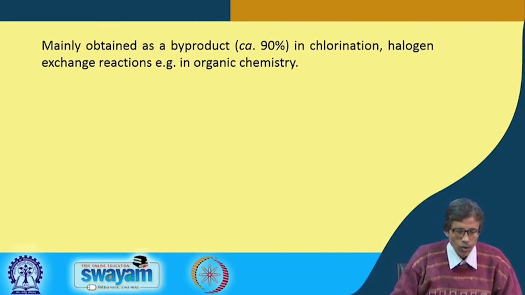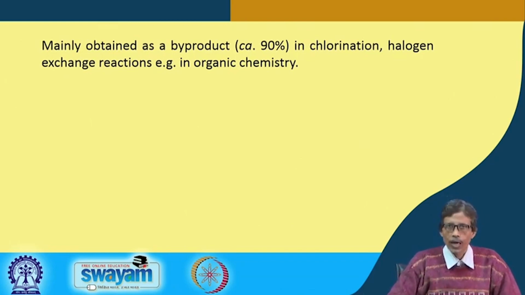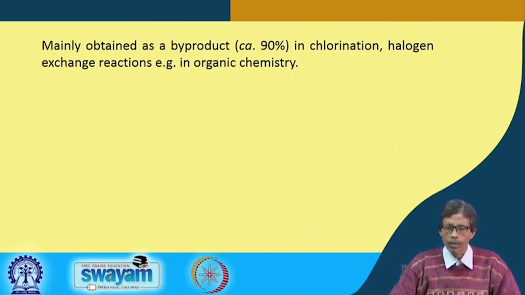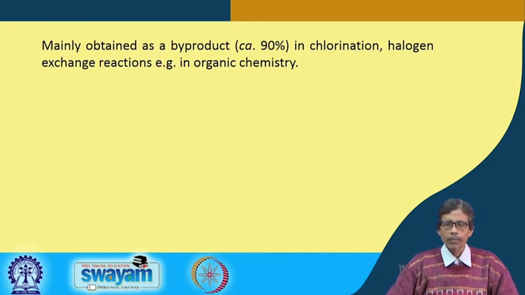So sometimes it is also obtained as a byproduct. If we consider any kind of reaction, we all know that if we remove chloride from some organic molecule or some other group, that means the C-Cl bond is broken or reduced with hydrogen gas on some catalytic surface like palladium charcoal or anything, then one of the products of that reaction is the typical HCl.